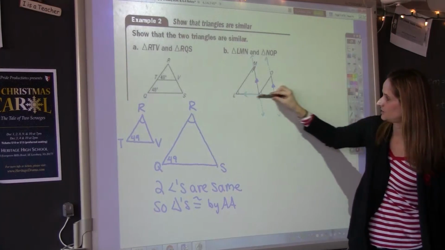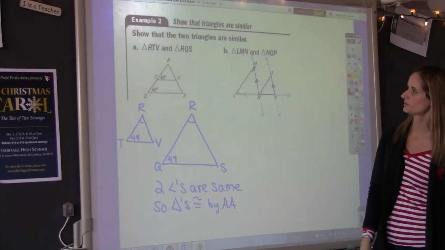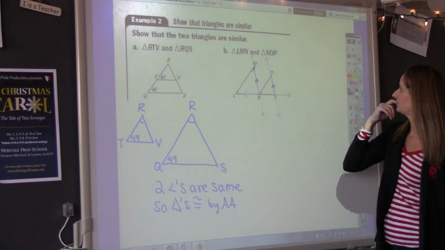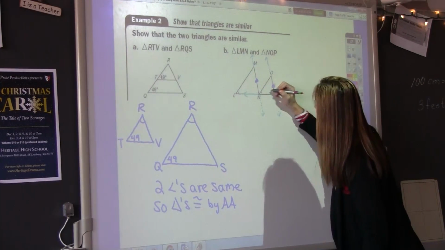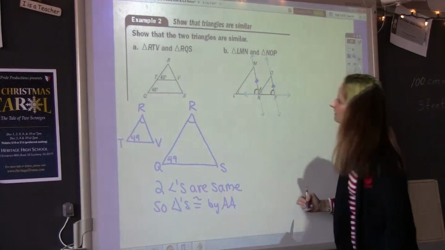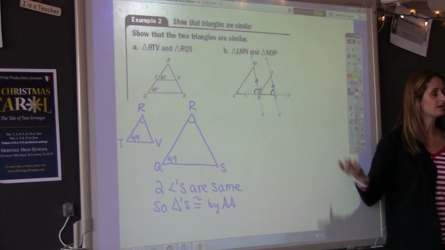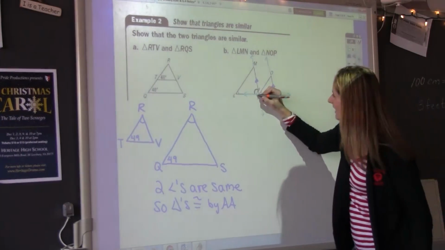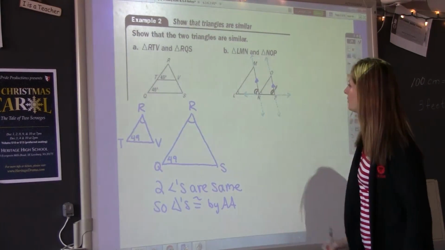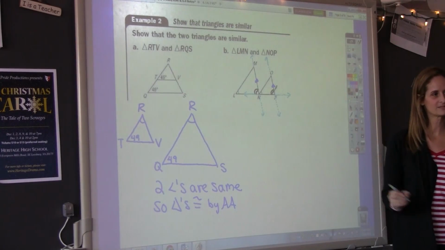So I just extended those two lines to picture some parallel lines. And then here, if that's my transversal, we've got these corresponding angles that are congruent because those two lines are parallel. Now we've got two pairs of corresponding congruent angles.